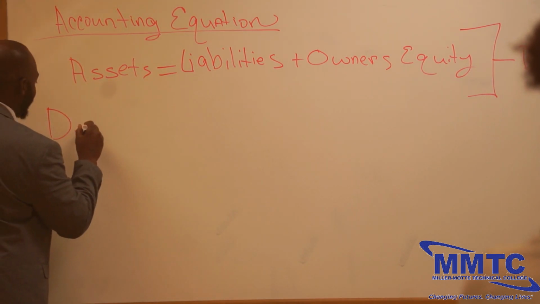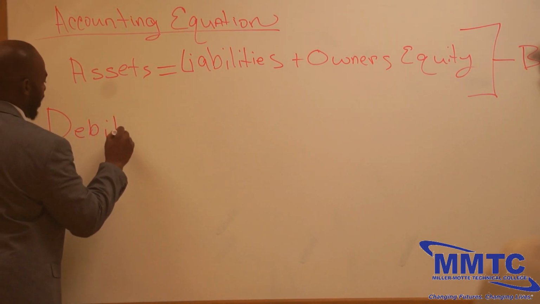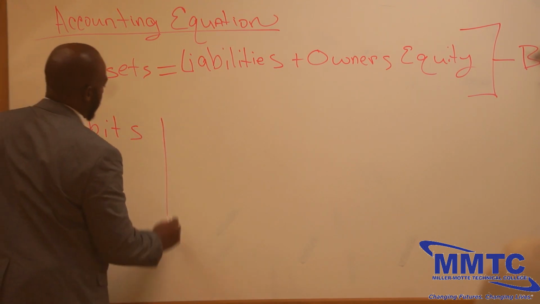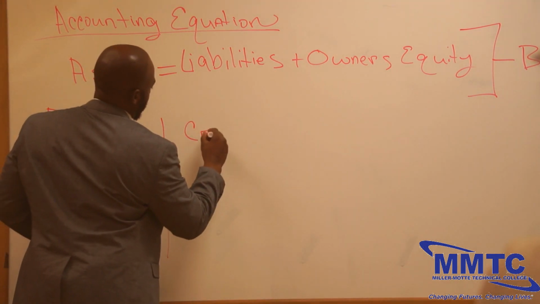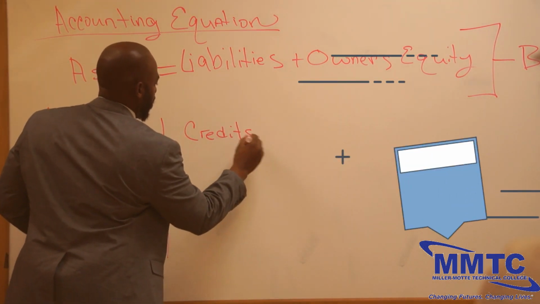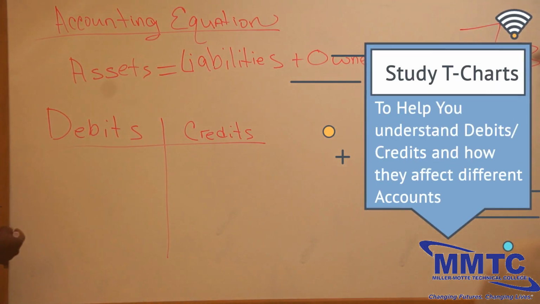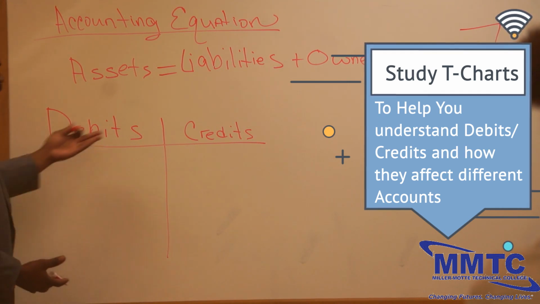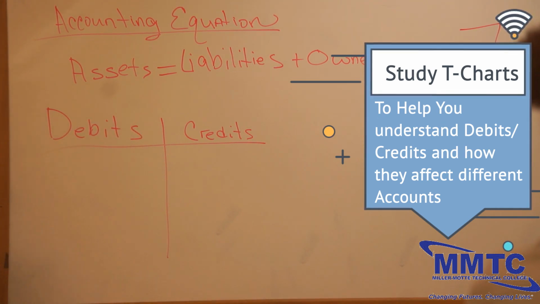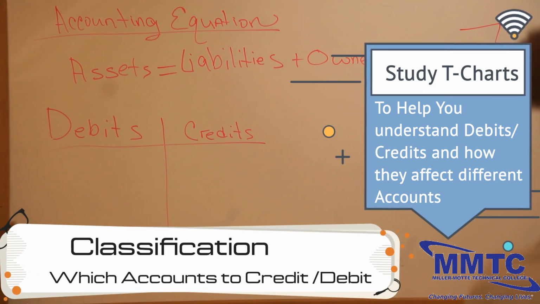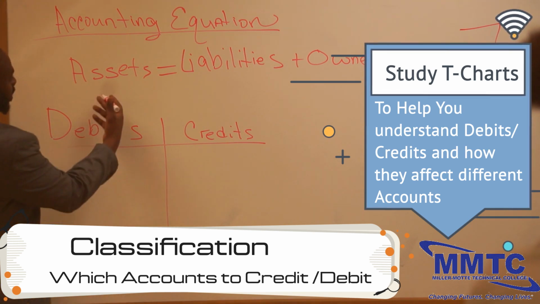Other things that we have to know: debits and credits. What we're moving into now is deciding which accounts we use. How does the debit, how does the credit affect the particular account that we're using? If we have cash, cash is an asset for the company, right?